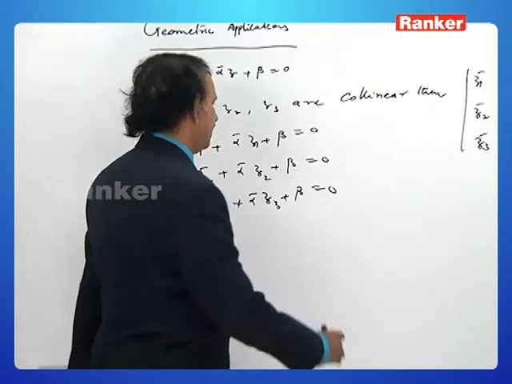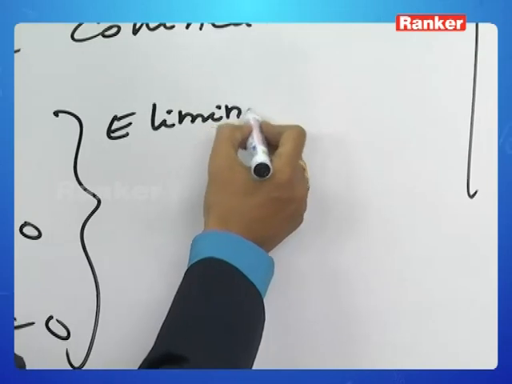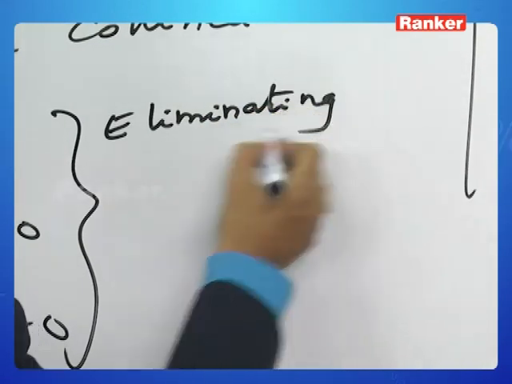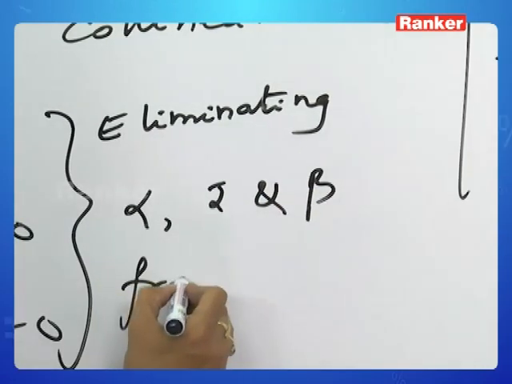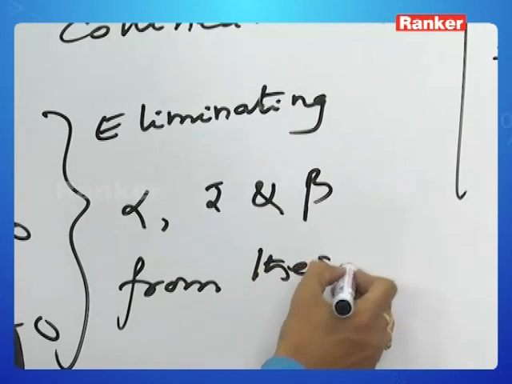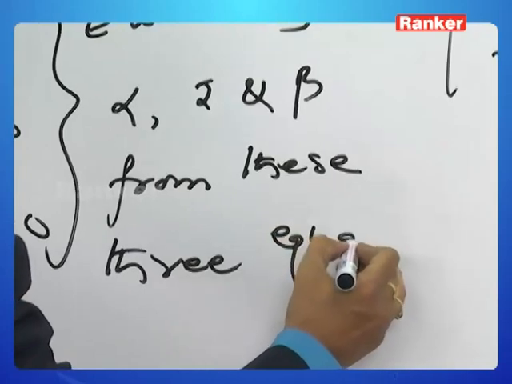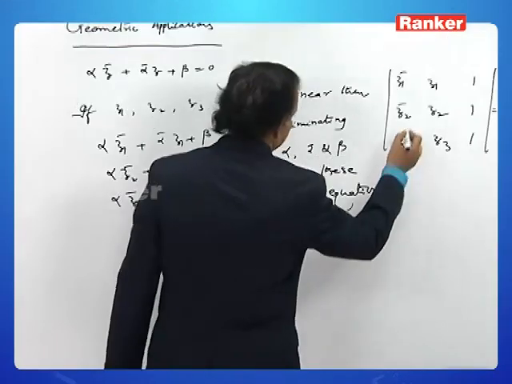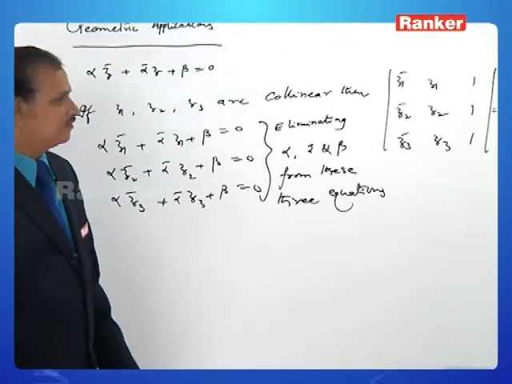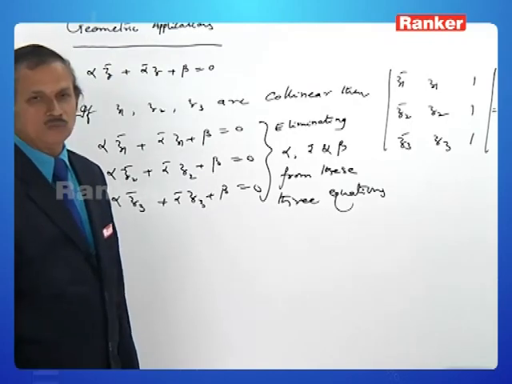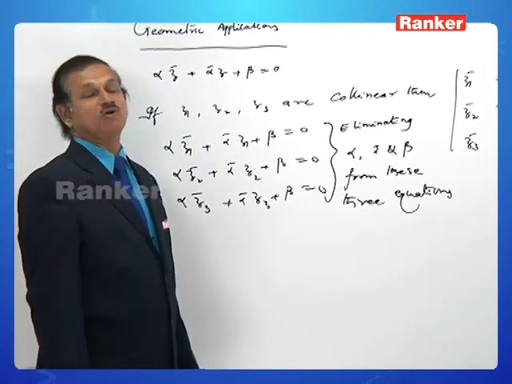Eliminating alpha, alpha bar and beta from these equations, we have the determinant Z1 bar, Z1, 1; Z2 bar, Z2, 1; Z3 bar, Z3, 1 equal to 0. It's very simple.